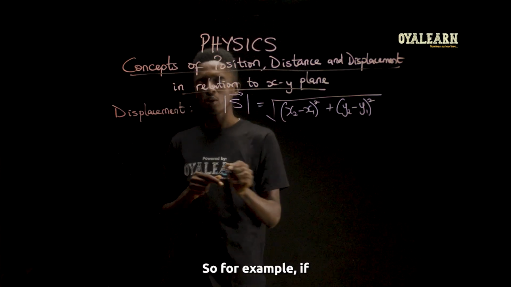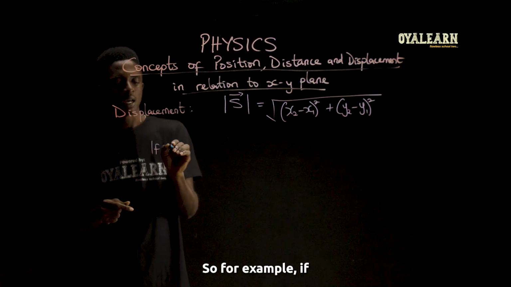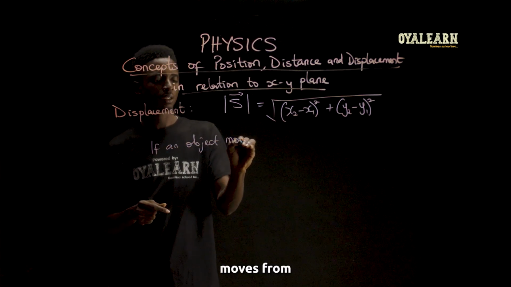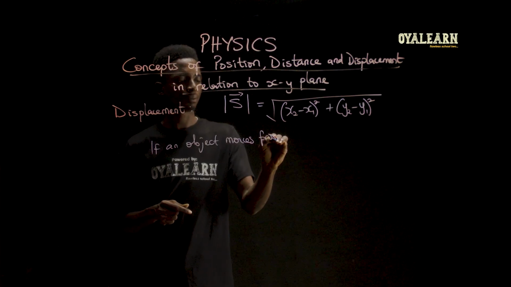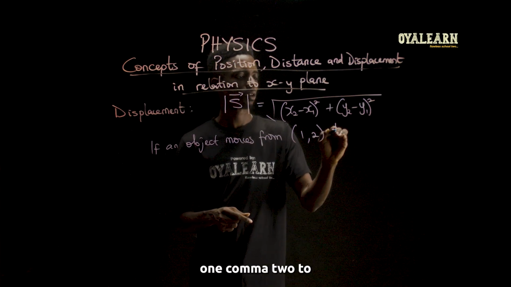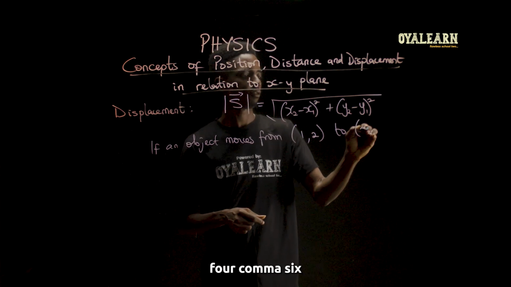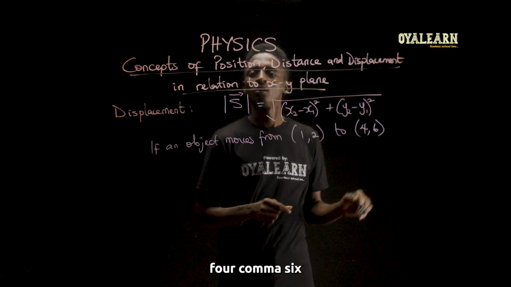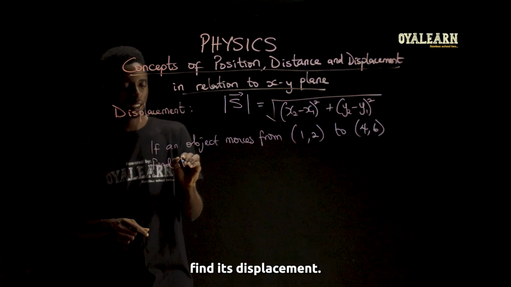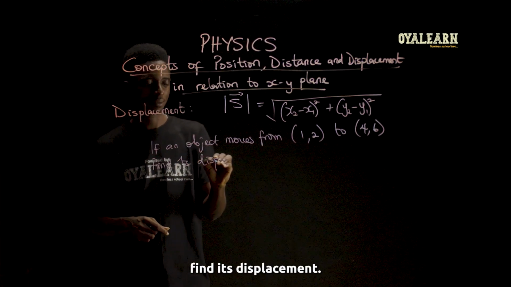So, for example, if an object moves from (1, 2) to (4, 6), find its displacement.